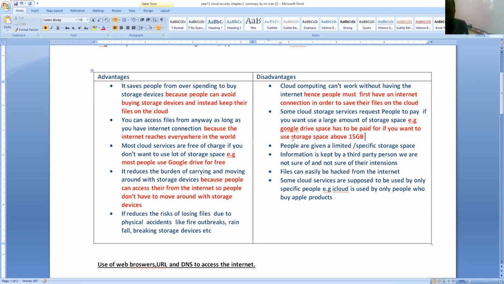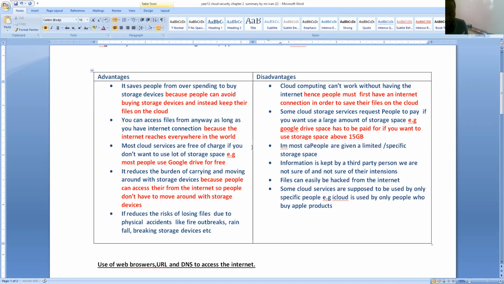People are given limited storage space. In most cases, cloud services provide a fixed, limited, or specific storage space.